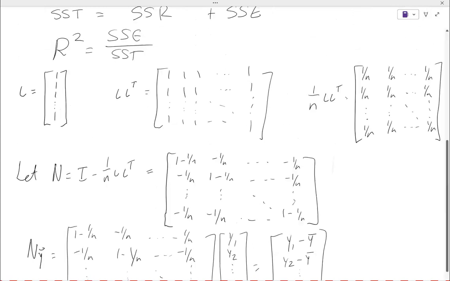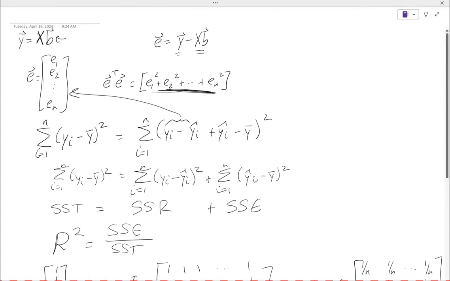Remember, for total sum of squares, I want to add those up and square each term and add them up to get total sum of squares, right? Remember back up here, I said if I take the transpose times the error, I can get the sum of the squares, right?